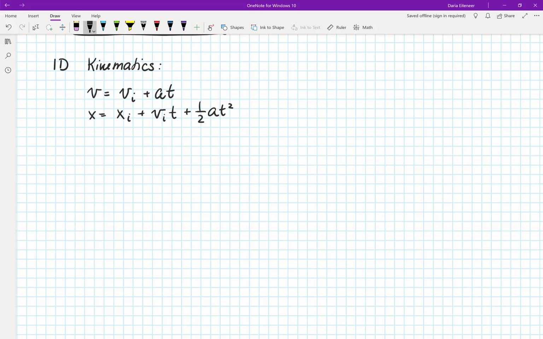One more equation. I'm not going to show you the derivation of it, but I'll obviously write the equation for you. This equation here is put together by eliminating t from the other two. So basically, if you took the first of the two and solved for t in terms of v and plugged it into the second equation and simplified, this is what you're going to end up with.